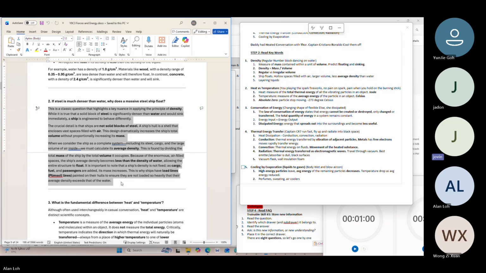Cargo, fuel, and passengers are added, its mass increases. Yes, excellent. That is exactly the new information.